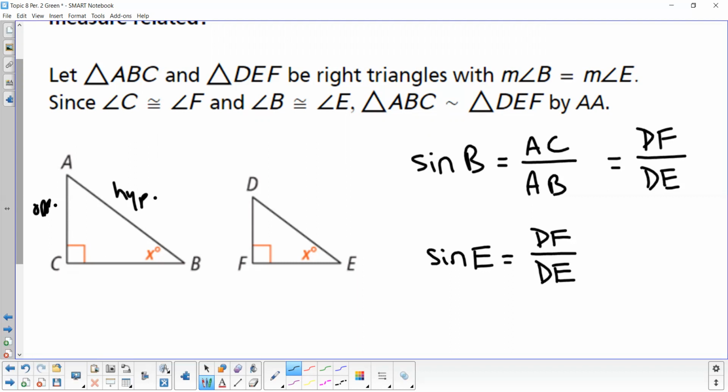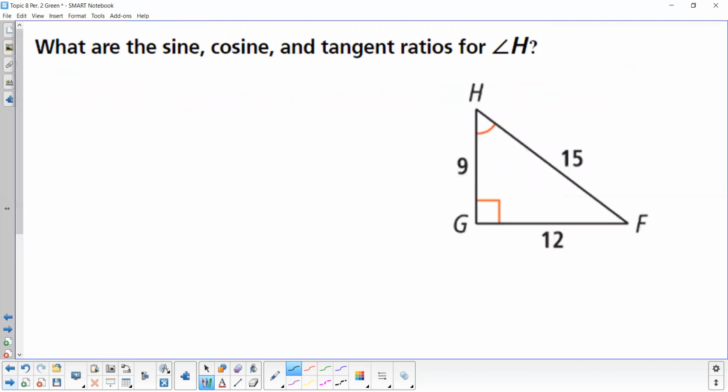Again, like a lot of stuff, once we start putting it into practice, it'll be a little bit easier. So, we're going to be at angle H. One thing that helps a lot with trigonometry, at least at first, is if you're at angle H, let's label all the sides.